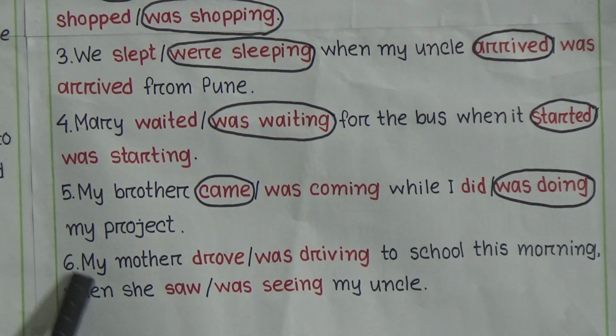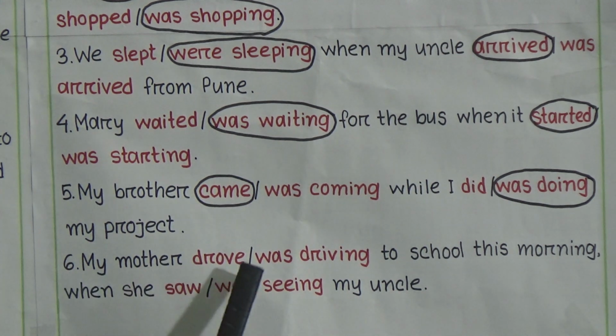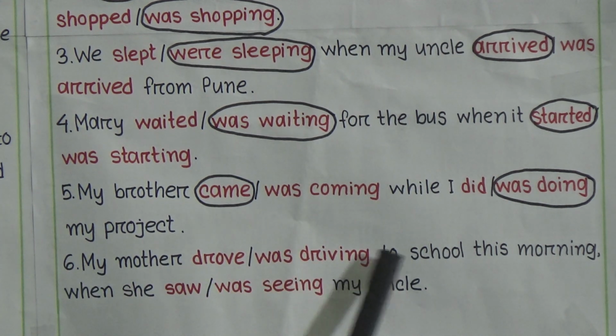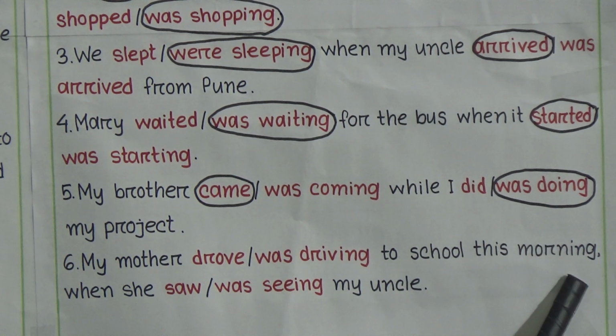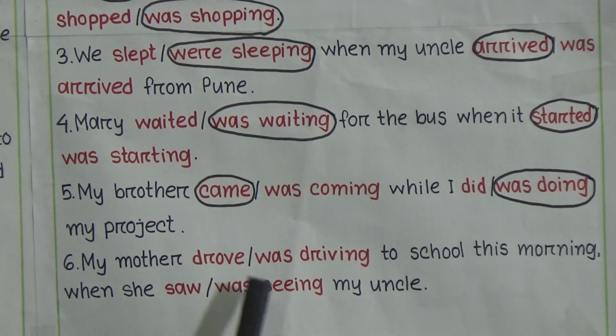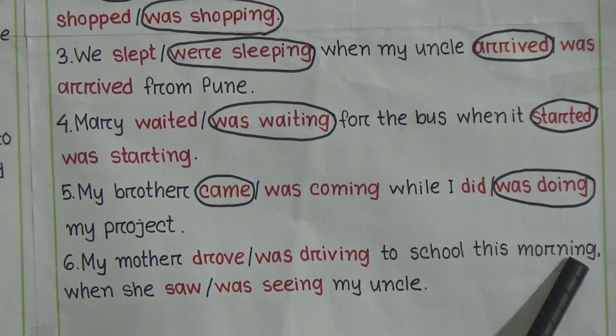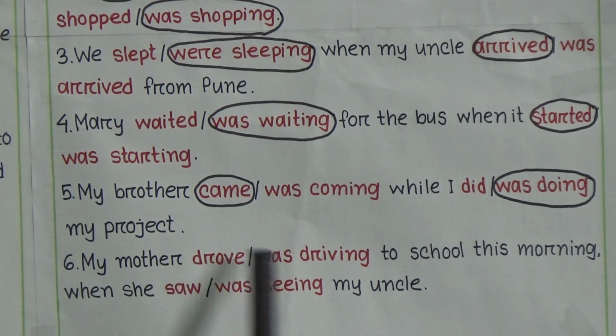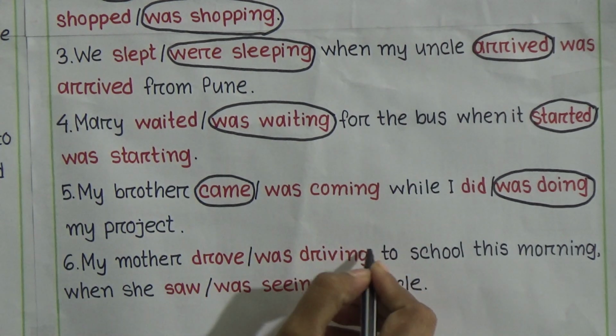Now last, number 6. My mother drove or was driving to school this morning when she saw or was seeing my uncle. So here, to school this morning, it will be past continuous tense. My mother was driving to school this morning. So it will be was driving.